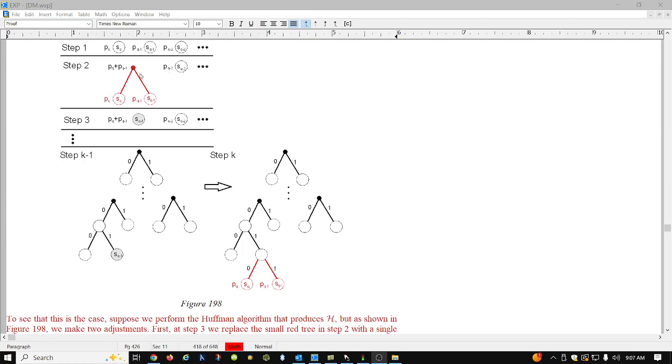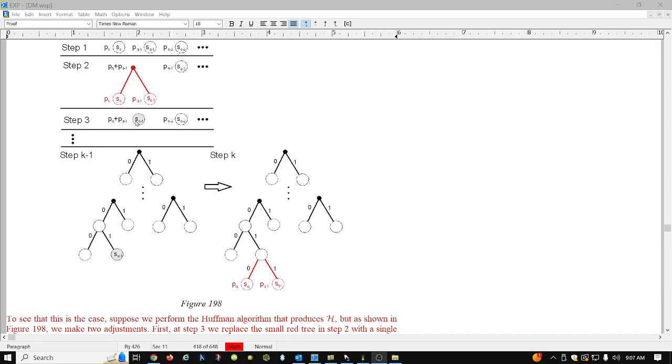And I replaced all the stuff in red by a new vertex, and just for emphasis, I made it gray, with the single source SQ minus 1. So SQ has kind of disappeared here for now. This is, as I say, not officially part of the Huffman algorithm.